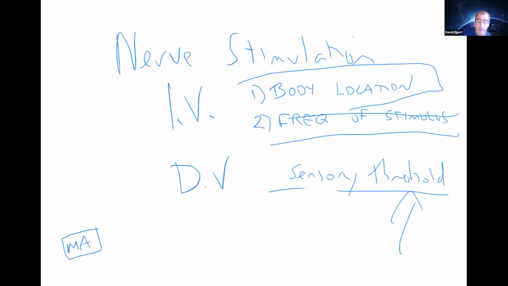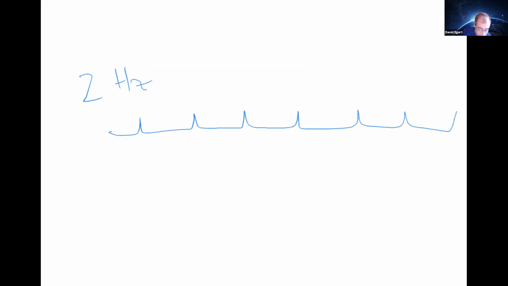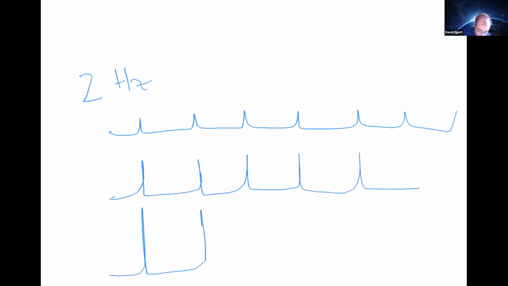I want to make sure people understand the milliamps is kind of like the magnitude. Frequency is how fast the pulses are coming. But I think people are getting confused. Like I can have 2 hertz, like it's 2 pulses every second. I could have 2 hertz at 1 milliamp, 2 hertz at 2 milliamps, 2 hertz at 3 milliamps.